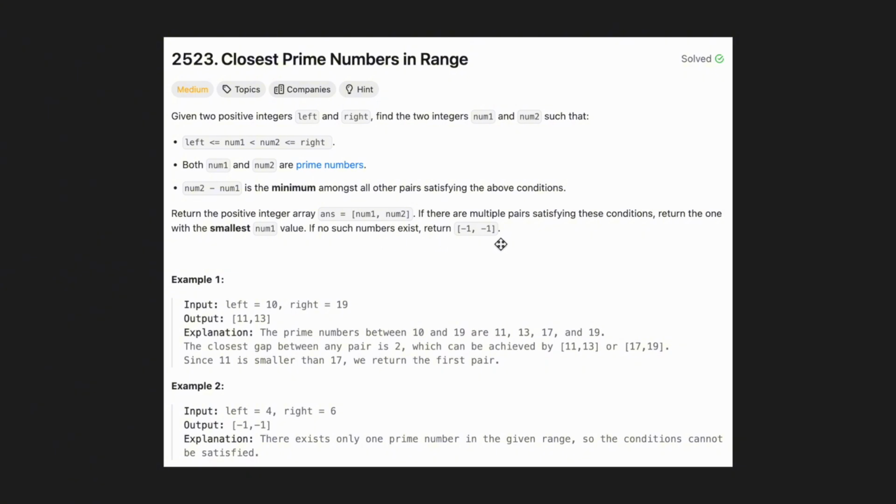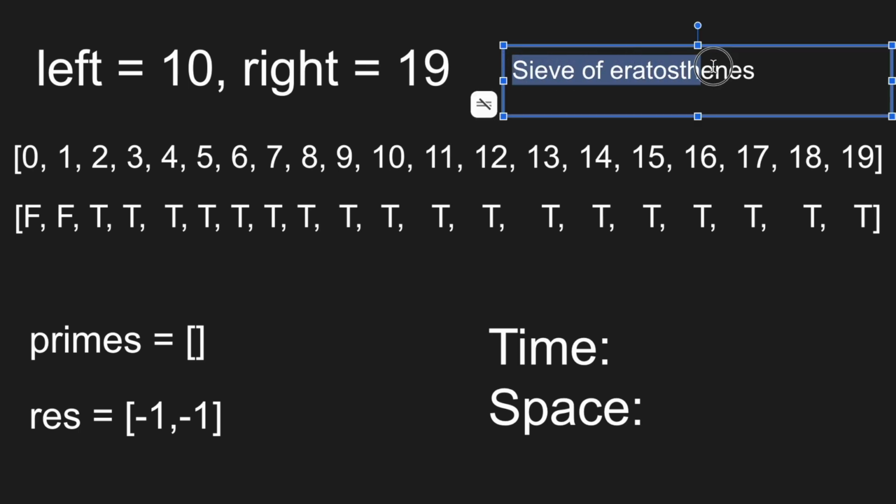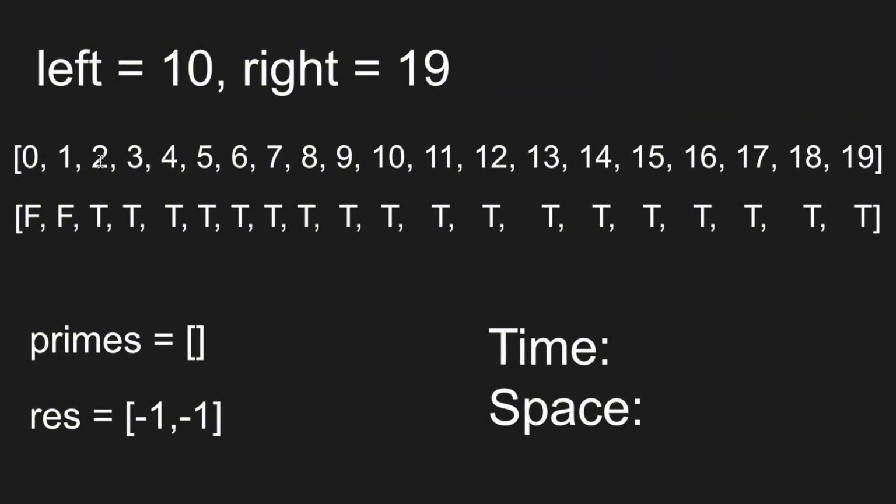So now that we have seen some examples, let's get to how we can solve this problem. Before I explain how we can solve this problem, I'll recommend looking up the Sieve of Eratosthenes, because that's basically the algorithm that I will be using. So what we will do is iterate from 2 to the floor square root of the right number. For each iteration, we will look at every multiple of the number that we are iterating on, and turn that number from true to false.